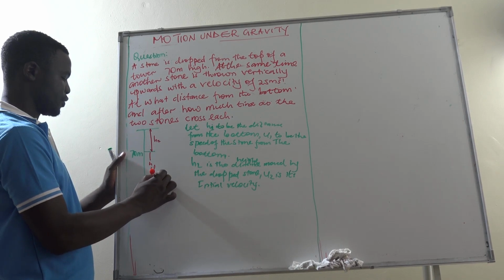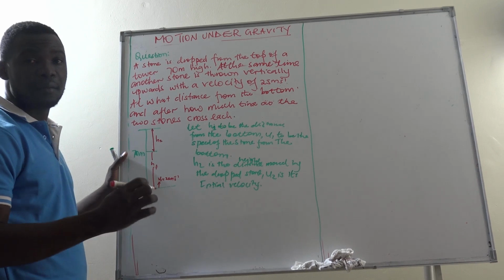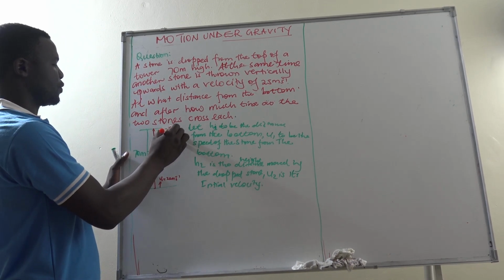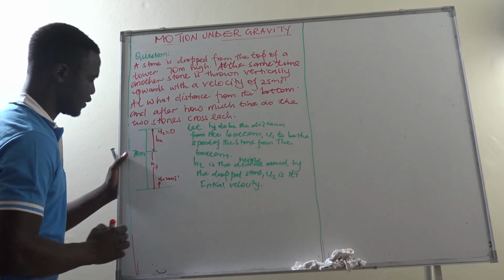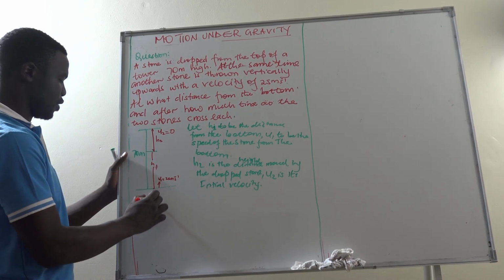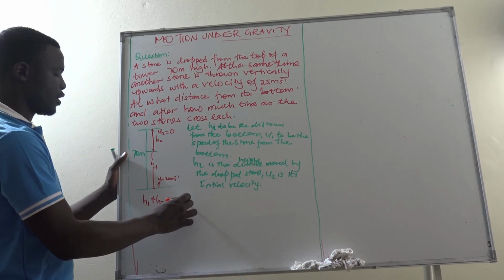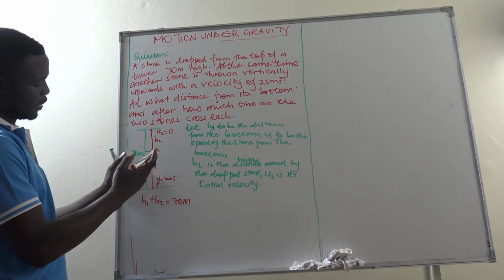This stone is setting off with a velocity U1 that was given in the question as 25 meters per second. And then this one is being dropped from rest, then U2 is 0. Now from interpretation of the question, H1 plus H2 should give me 70 meters. But how do I get height?